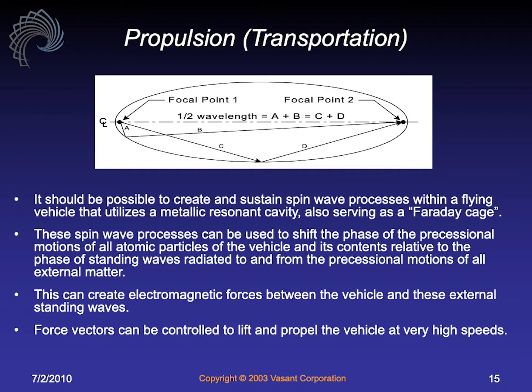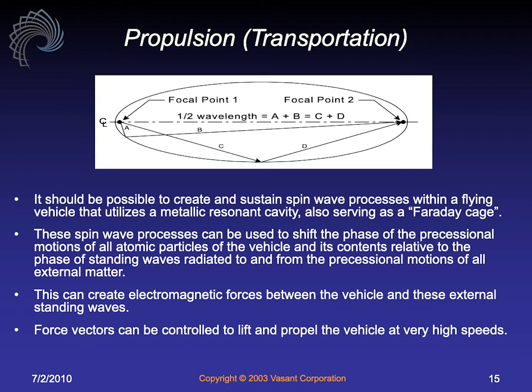So shifting all the magnetic spins out of phase with all the synced up spins radiating from the Earth makes them less and less susceptible to the gravitational pull that those spins are causing.